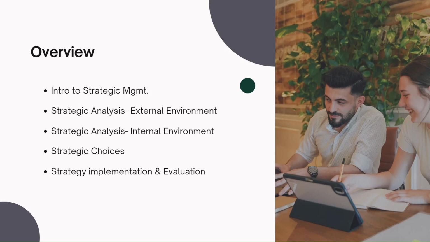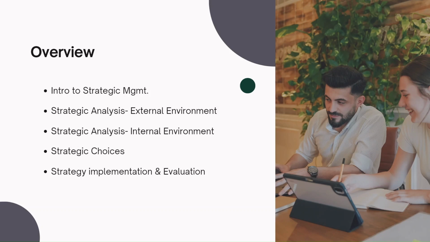The second chapter is strategic analysis. After getting a brief intro about the subject, we are going to get into the analysis part. So, what are we going to do with the analysis part? See, if you're going to understand a business, you need to understand the environment in which the business operates, right? You can't be independent of the environment in which you operate.